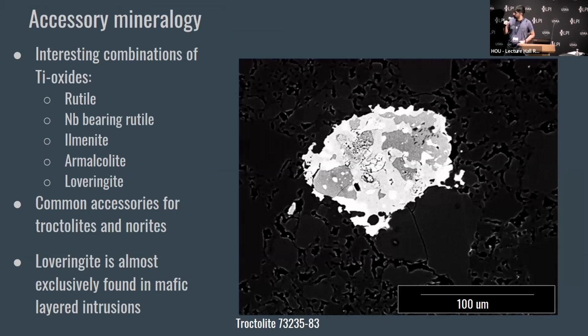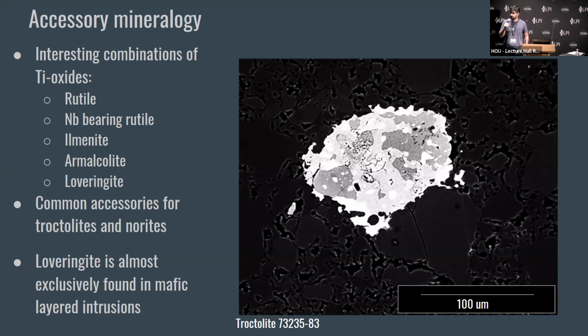And finally, mentioning a little bit of the accessory minerals that we find in here, we get a bunch of titanium oxides, including rutile, niobium-bearing rutile, ilmenite, armalcolite, and I wanted to focus here on a mineral called lovringite. It's kind of like an armalcolite, but it also has a bunch of chromium and calcium in it.